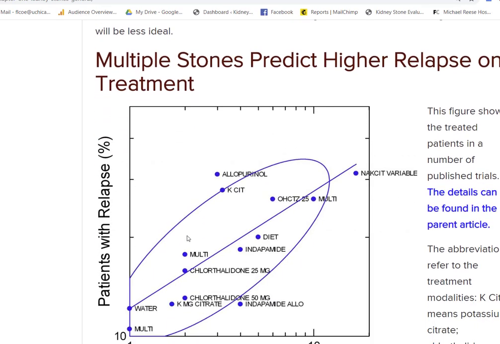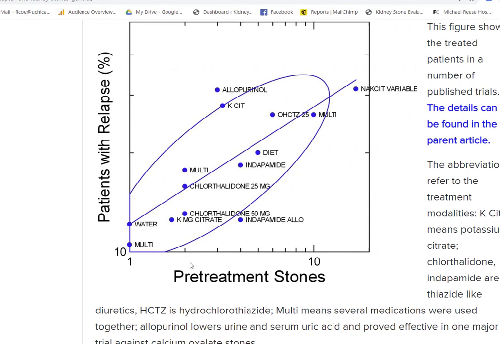There's another aspect to it. If you have a single stone, you have a fairly low risk of a relapse with treatment. 10, 15% maybe. This is 10%, 20%, 30%. If you have more stones before you begin treatment, average of 2 stones, average of 3 stones, average of 4 stones, your likelihood of relapse, even on the drug arm of the randomized trials, that's what's plotted here, keeps going up with the number of stones you've made.